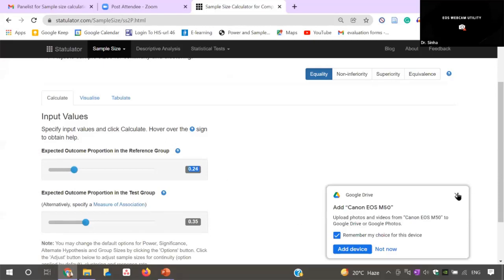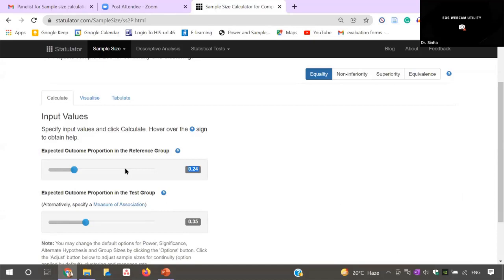And then the second one, if you click this, gives you the expected outcome proportion in the test group. And you can see that this is the measure of association.